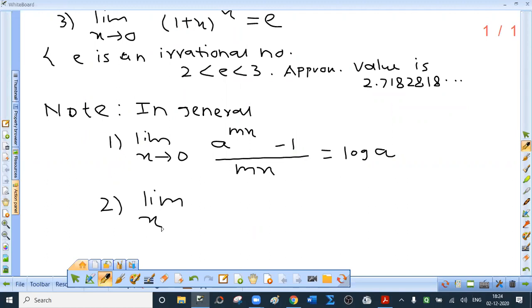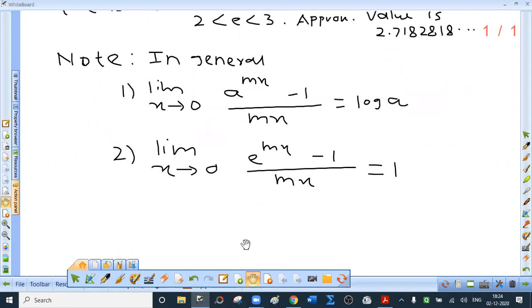Similarly, second result also, write down. And then third one.